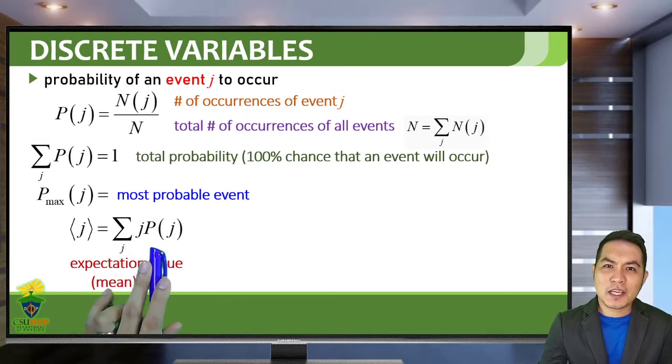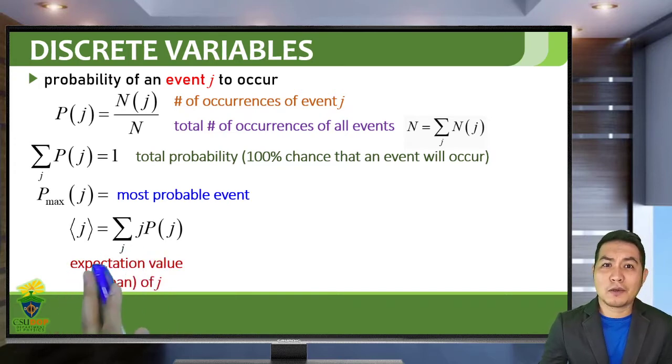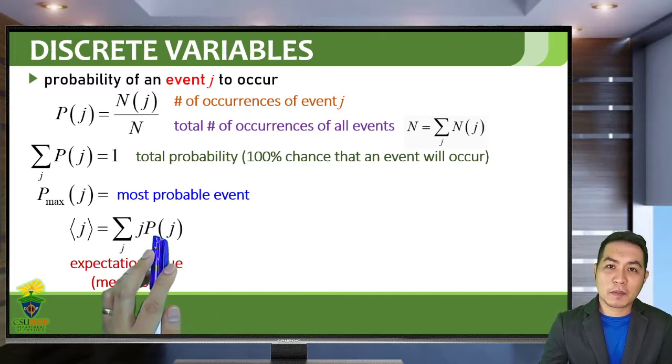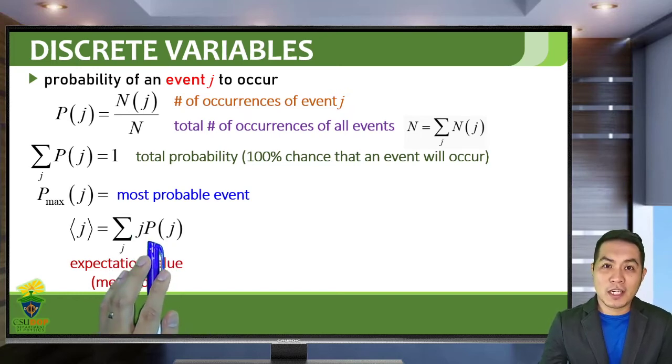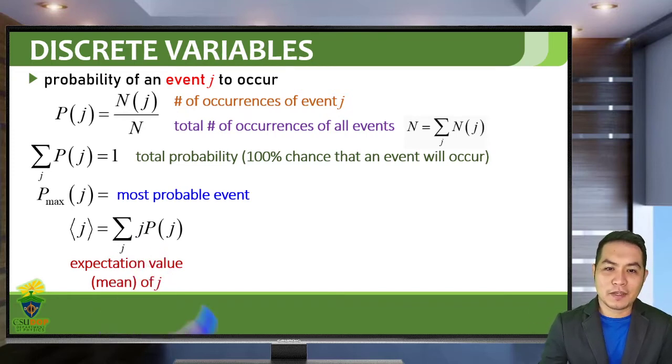This is similar to the regular average or mean, where you add all the variables and divide by the total number of variables. But in that formula, you assume that they have the same probability, say 1 over n. In this case, we take into account the probability of each of the events. Essentially, this formula is like a weighted mean, so you get the weight of each of the events.